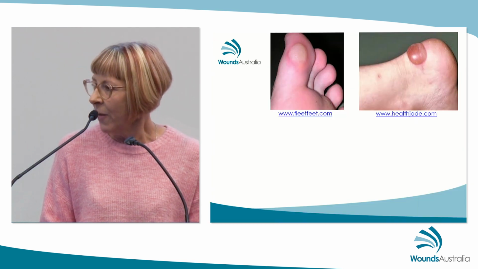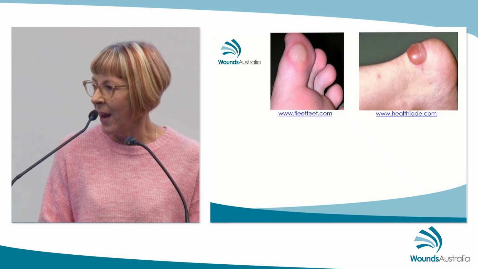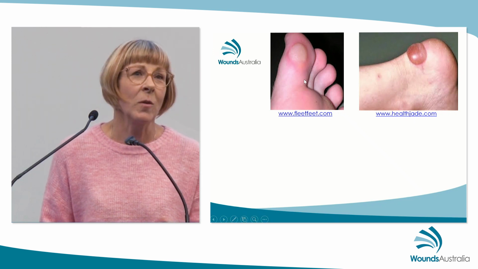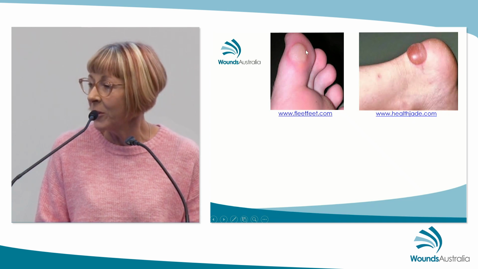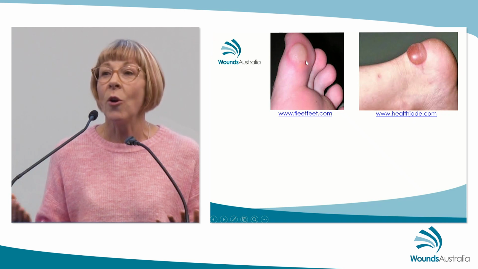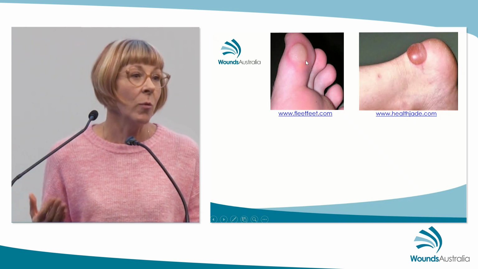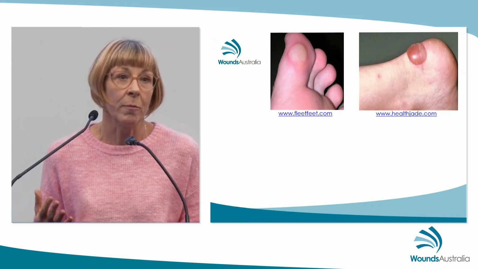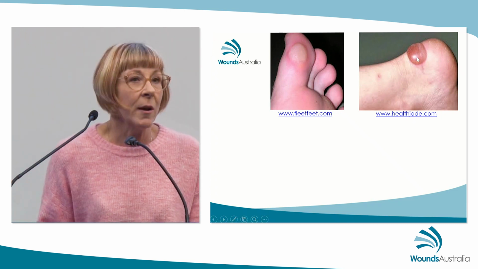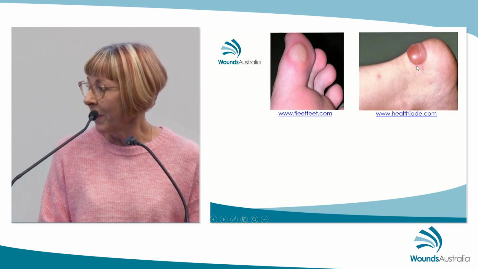Okay, so if we look at what we might do here, this one on the left here, you're probably going to leave that alone. I mean, that's almost certainly caused by a rubbing shoe or something like that. As we know, the important thing is to identify what's caused it, so you can fix the underlying problem so the shoe doesn't keep rubbing or whatever. This also looks like potentially it's come from a shoe or something like that.